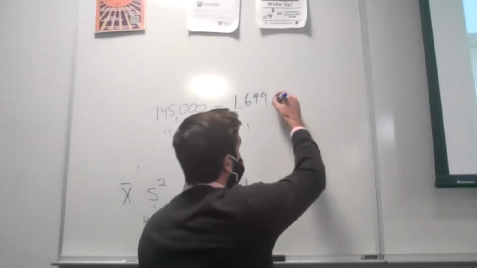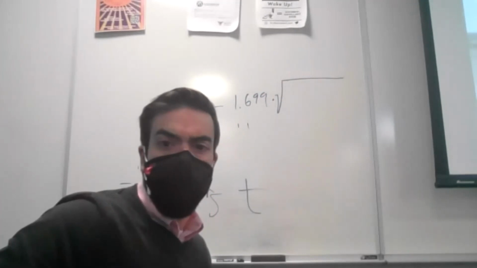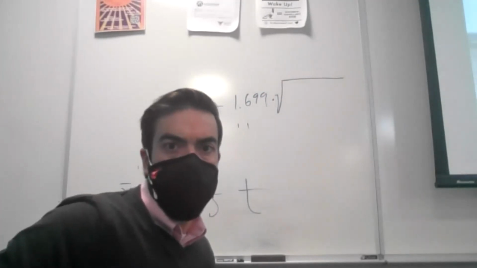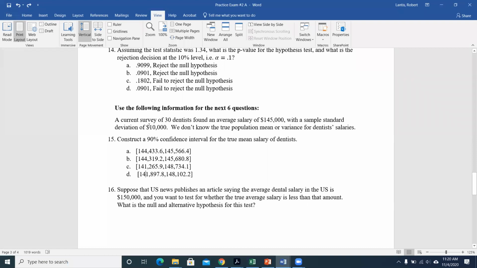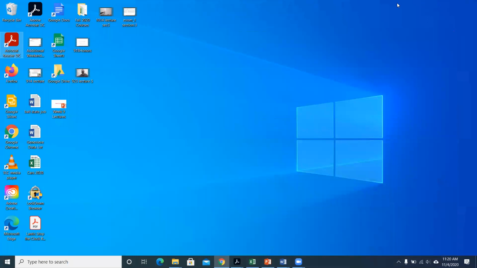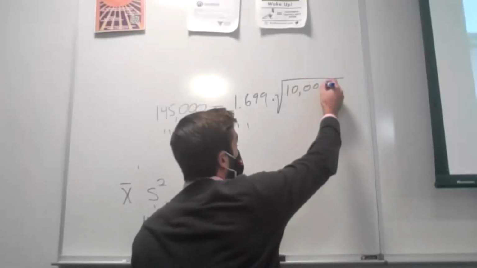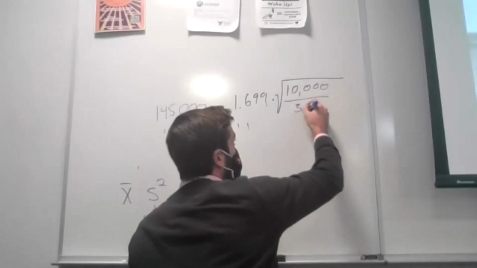That's going to be the same thing below. And then we had a standard deviation of 10,000, right? So 10,000 divided by my sample size of 30.